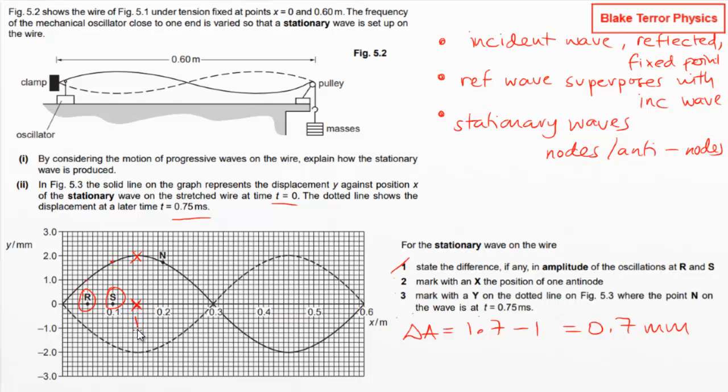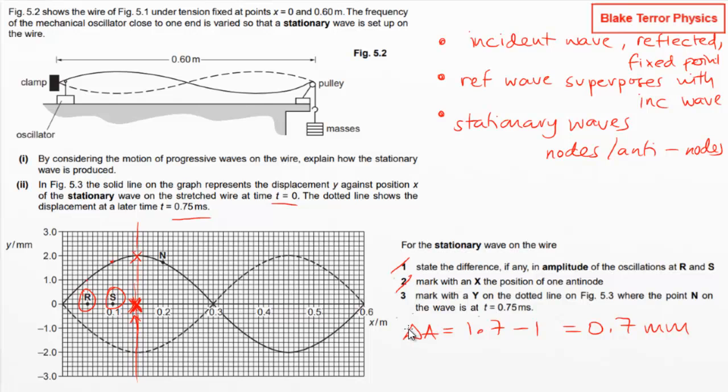It's probably safer to put it on the x-axis rather than at the top. I mean, the antinode is this sort of vertical line going through that point. But yeah, I think putting it on the x-axis is probably going to be a safer option. I doubt they're going to be that fiddly about it, but you never know with some of these mark schemes.